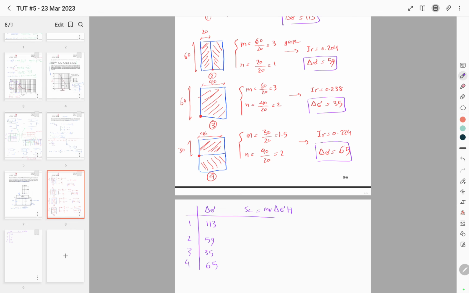And we only need to put this value here, which gives us 124, 65, 38, and 72. So for each point, we calculated the change in the effective stress due to the load, and then using that value we could calculate the settlement at each point below the raft.